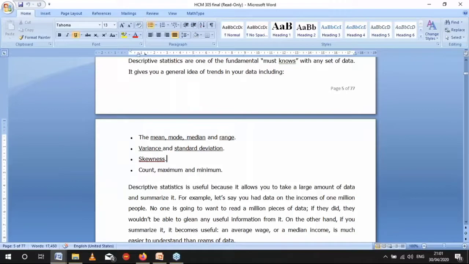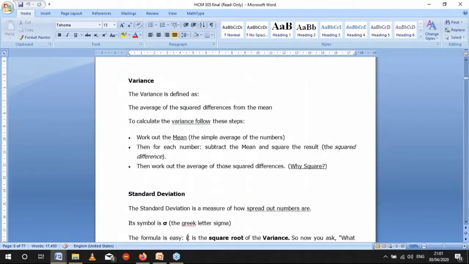Now that you have squared it, you are going to add the whole 5 together. 2 times 2 is 4, 0 times 2 is 0, 0 times 2 is 0, 1 times 1 is 1, 2 times 2 is 4. So you add the whole 5 now over the number of values to get your variance. That means 4 plus 0 is 4, plus 0 is 4, plus 1 is 5, plus 4 is 9. That means 9 over 5.